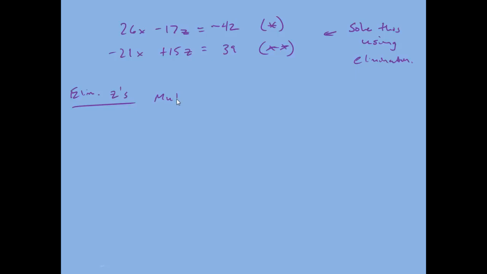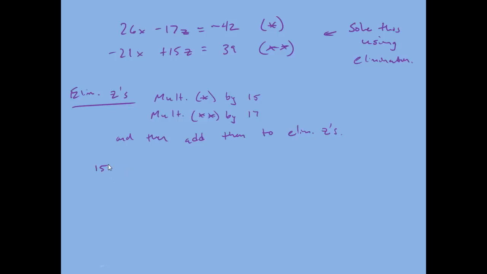I'm going to multiply star by 15, and I'm going to multiply double star by 17, and then add them to eliminate z's. So that's the process. Realize that the reason I don't have to worry about the negative signs on these when I multiply is that one's got a negative, one's got a positive, so they're already opposite signs, which is what we need.